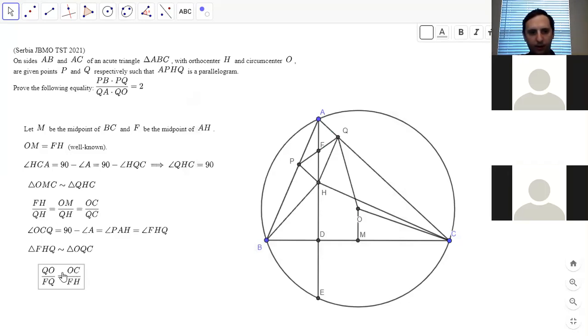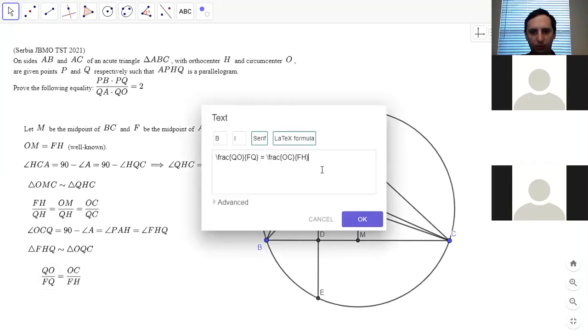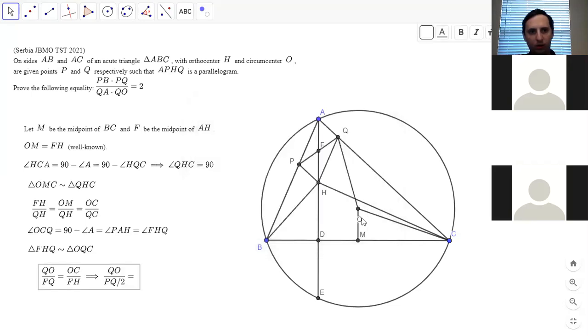And that means that QO over PQ over 2 is equal to OC, is the same as, yeah, where do we use OC up here?